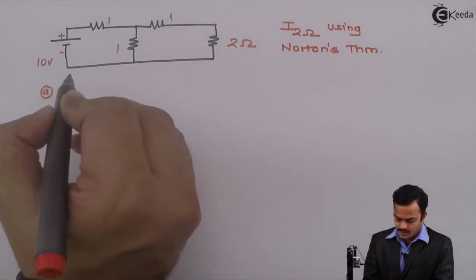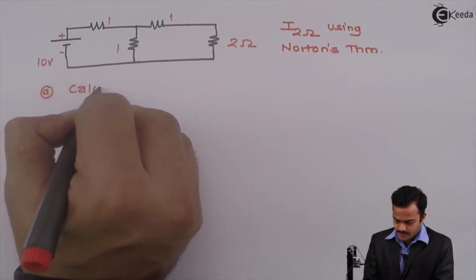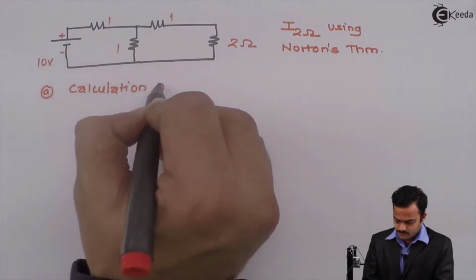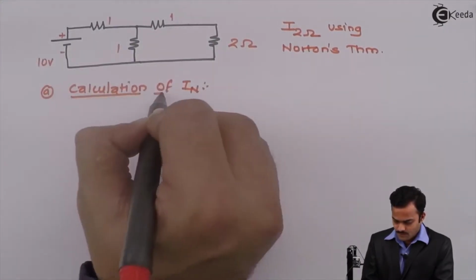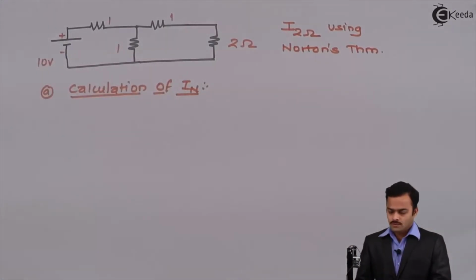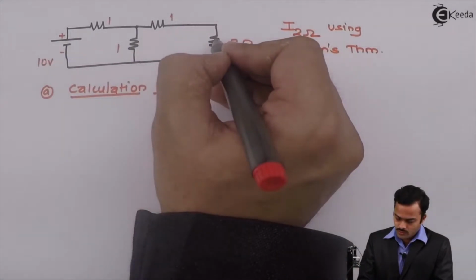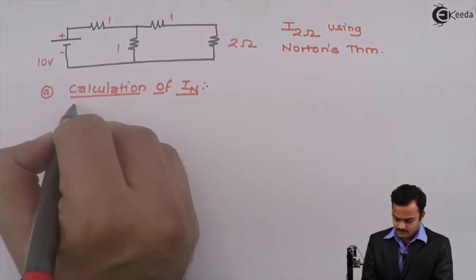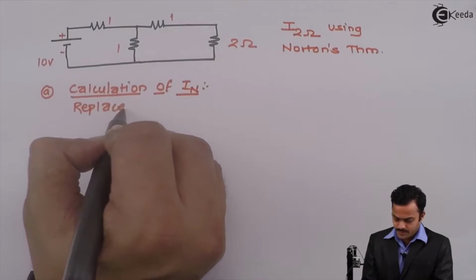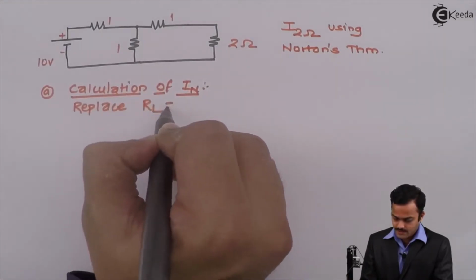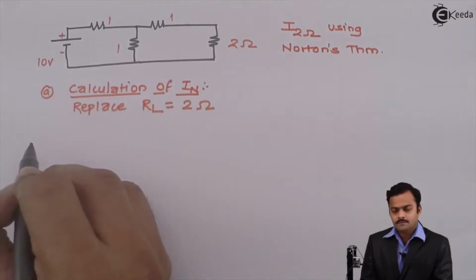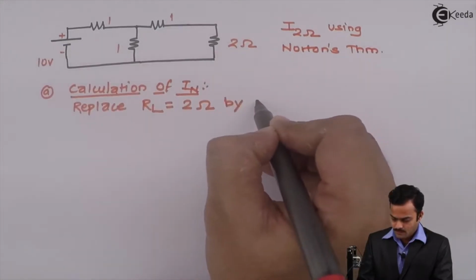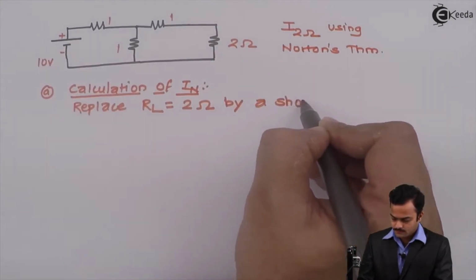First step is calculation of IN. What do we need to do? We need to replace this load resistance with a short circuit link. So replace RL, in our case it is 2 ohm, by a short circuit link.